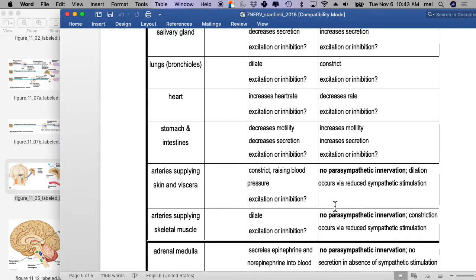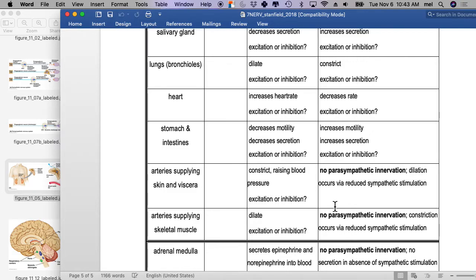So what we are going to do is to control the diameter of arteries and arterioles supplying two different places, right? And this is not the only two places. I just chose two extremes so that you could sort of see what's going to happen. I'm going to have arteries that are supplying your skin and your viscera, meaning abdominopelvic cavity, right? And then I'm going to have arteries that are supplying your skeletal muscles. And they're going to respond differently to sympathetic stimulation.